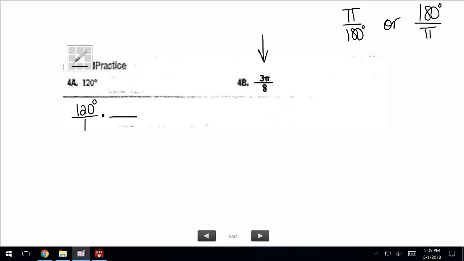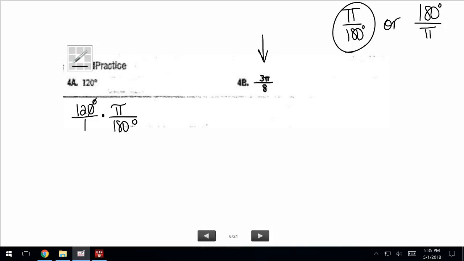So here's what you do. You have 120 degrees on the top of a fraction. In order for that to cancel, you need a degree on the bottom of the fraction. Which one of these two has a degree on the bottom? It's this one, so you're going to take 180 and then pi. Remember the zeros trick?